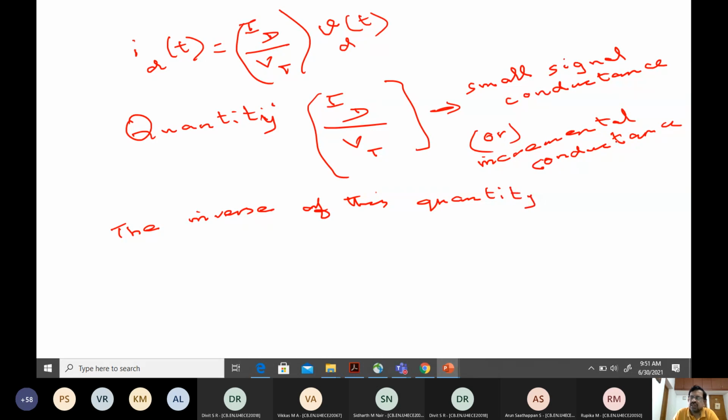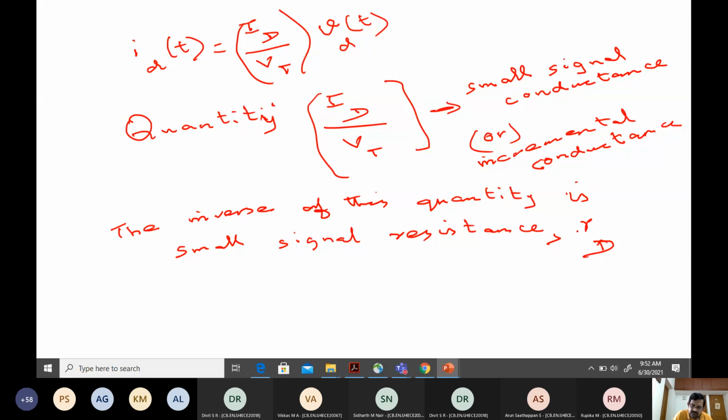The inverse of conductance is always resistance, and this is related to the small signal. Therefore the inverse of this quantity is the small signal resistance, with symbol small r, and d, small rd.